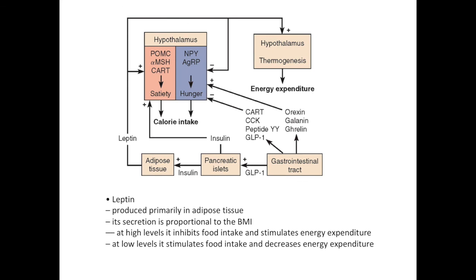But our body does have many signals that add to satiety and hunger, and this graph shows some of them. So we talked about leptin, and that promotes satiety. Insulin will also produce satiety through receptors in the hypothalamus. But then there are also hormones like orexin and ghrelin that will promote feelings of hunger, whereas other hormones, gastric hormones like GLP and cholecystokinin, will reduce your hunger levels.